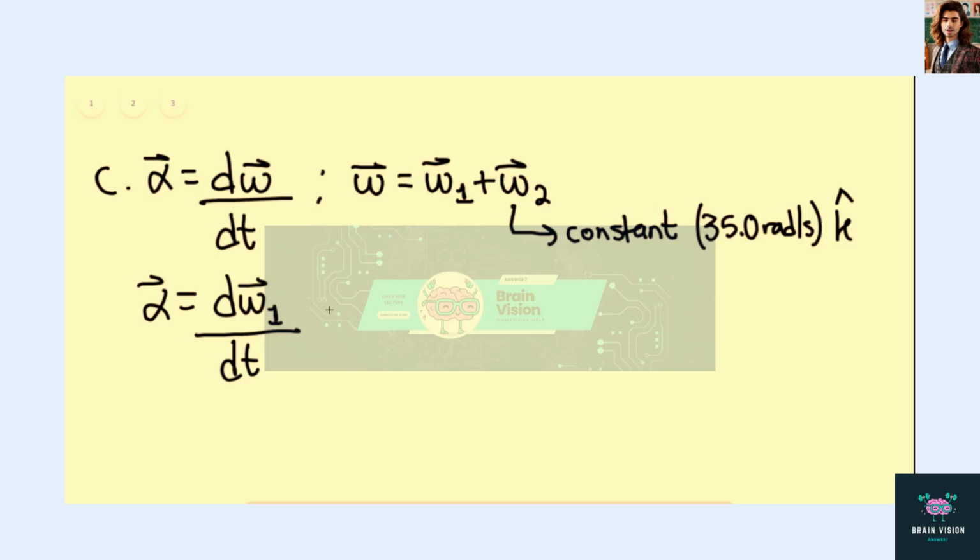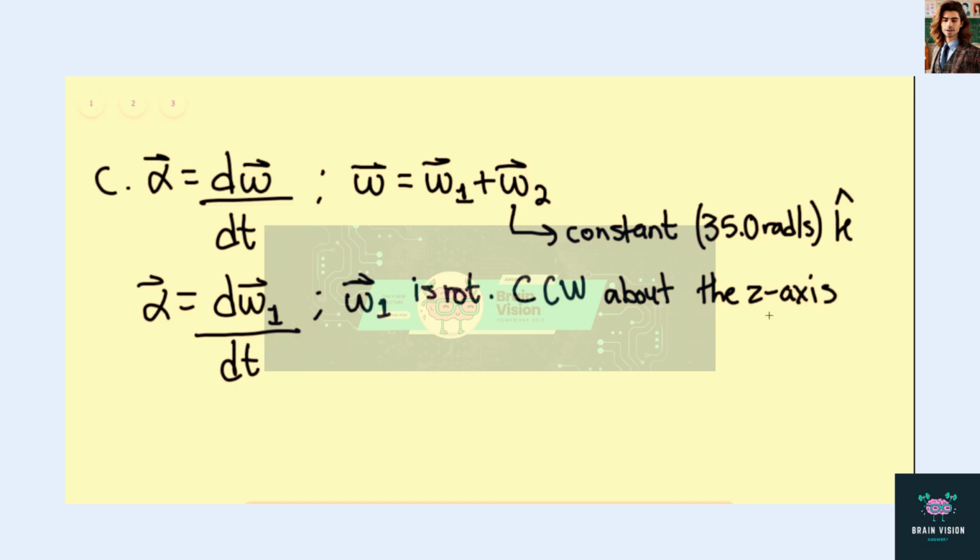We know that here omega sub 1 is rotating counterclockwise about the z-axis.